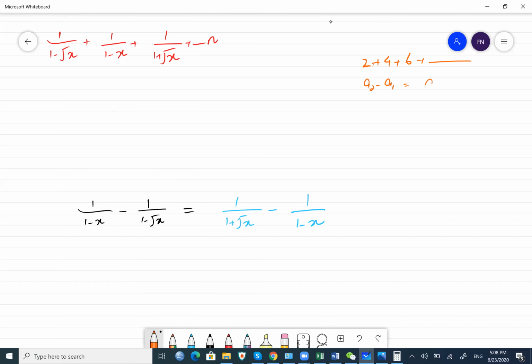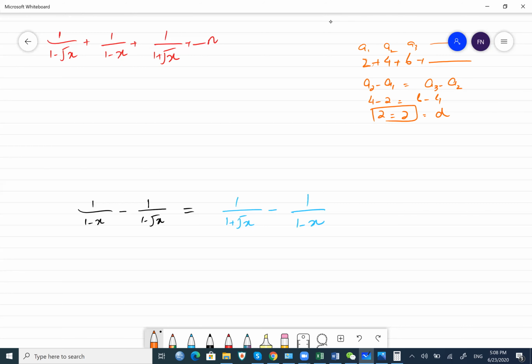If the difference of any two consecutive terms is the same, then it is an arithmetic series. This is a1, this is a2, this is a3, then a4, a5 and so on. a2 is 4, a1 is 2. Similarly, a3 is 6, a2 is 4. You say 2 equals 2. The common difference of any two terms is the same. So we say it is an arithmetic series.